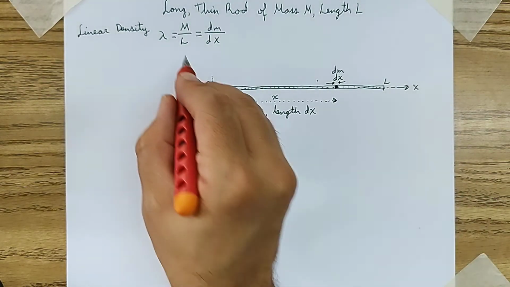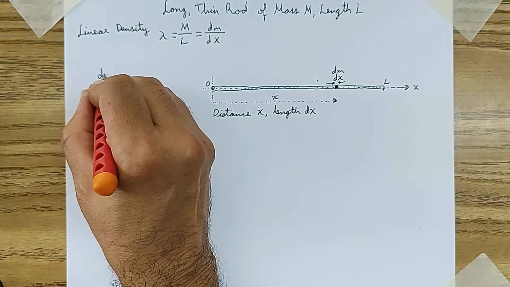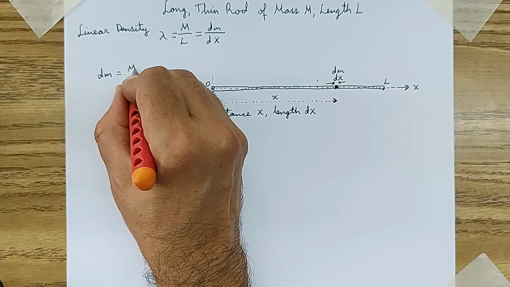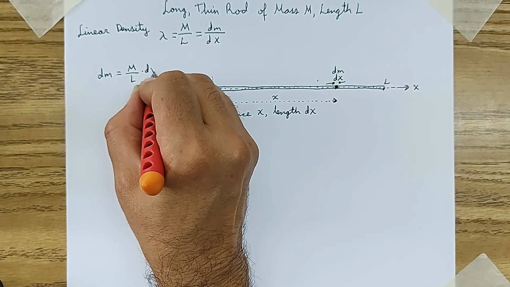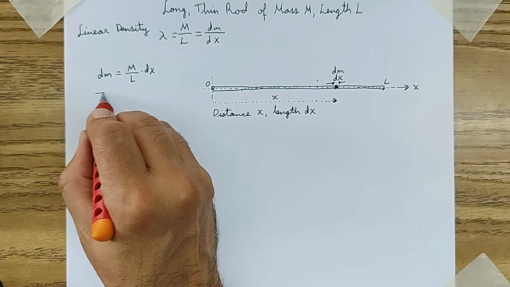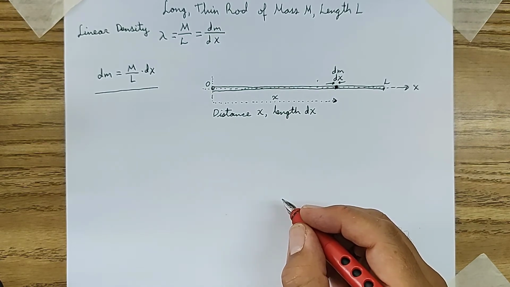Now, if the two ratios are equal, then a little algebra tells you that the mass differential is going to be equal to the ratio m over L times the differential of position dx. And we are going to use this whenever we need to build an integral.